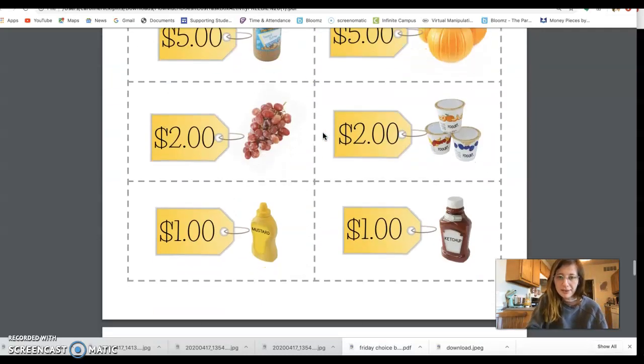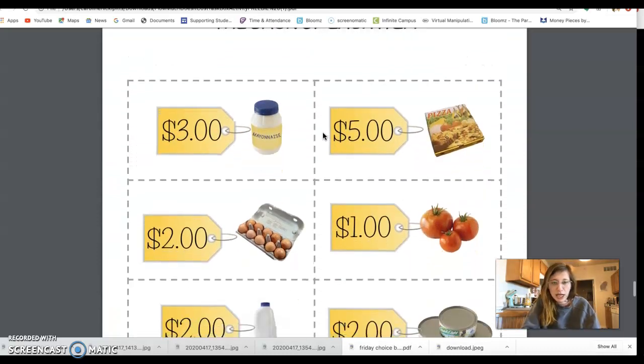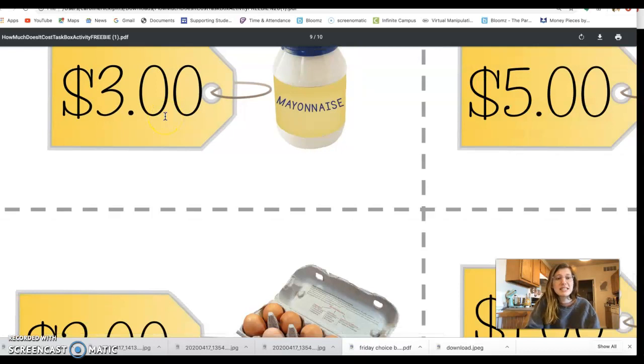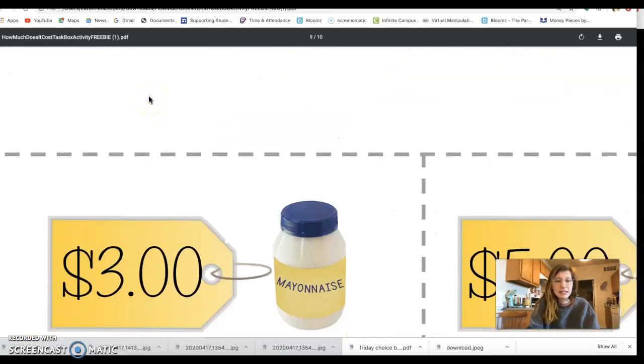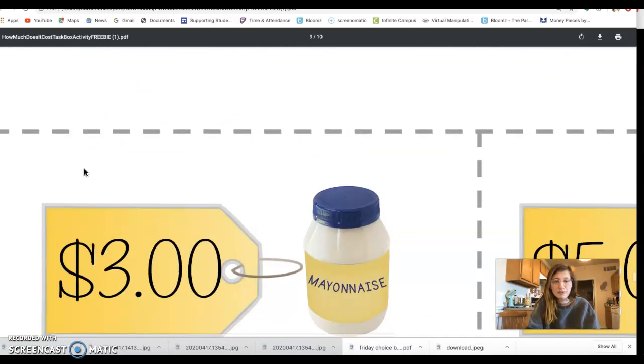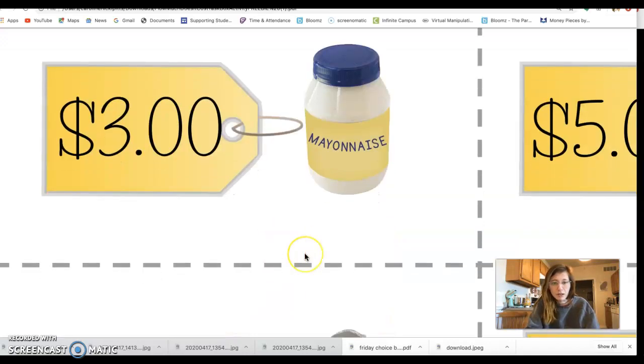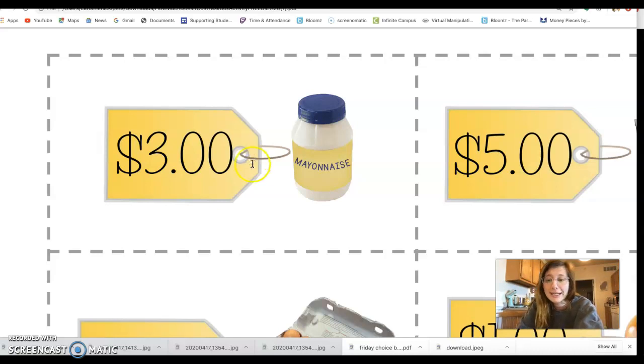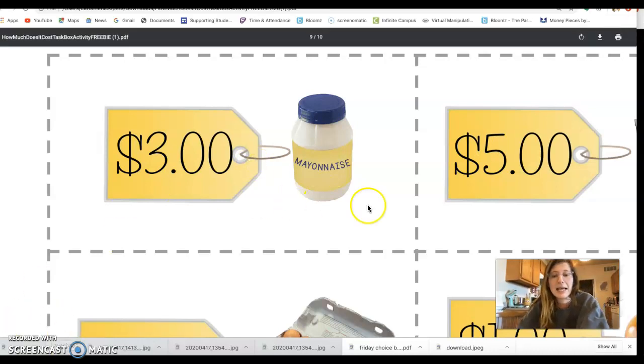We're going to do the same thing that we did yesterday. I'm going to show you an item from the grocery store, and you're going to get that amount ready. So for example, we are getting mayonnaise today. The price of mayonnaise is $3 because we're looking just at that first number, right?